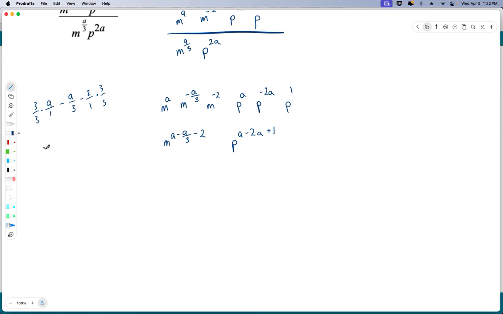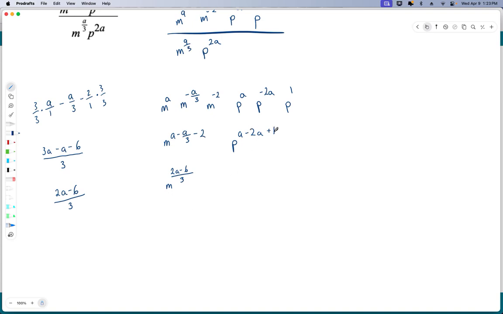So that's going to make it 3a minus a minus 6 all over 3. So 3a minus a, that's going to be 2a minus 6 over 3. So m is to the 2a minus 6 over 3 power.